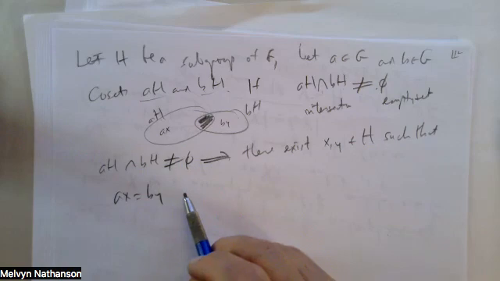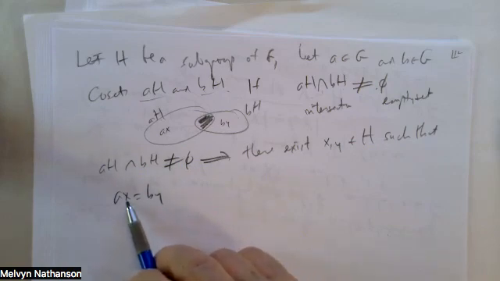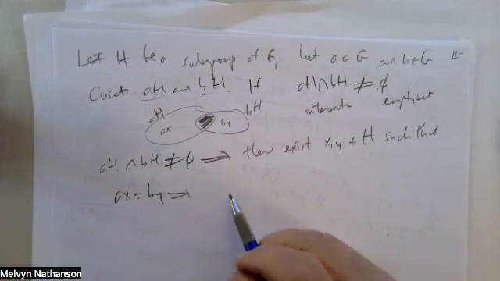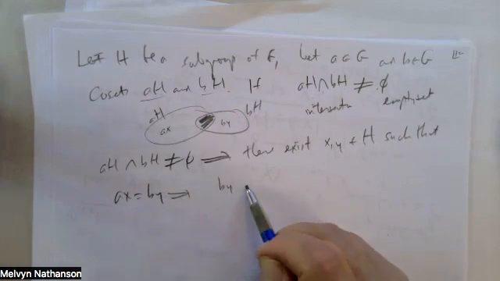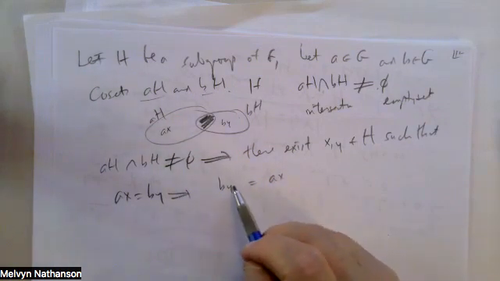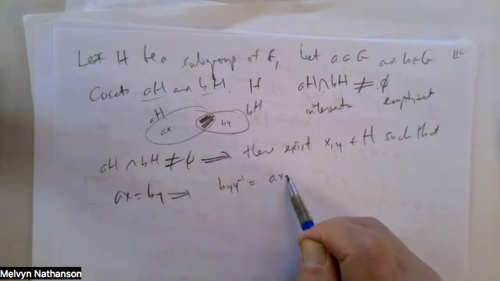And if Ax equals By, because we're working in a group and every element has an inverse, this means, so I have By equals Ax. Then we multiply by y inverse.